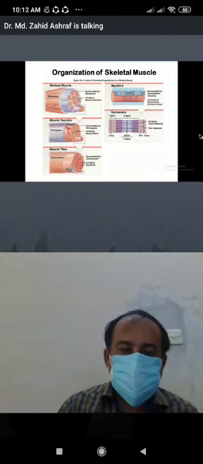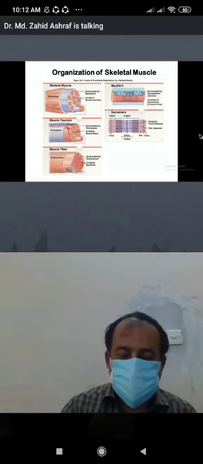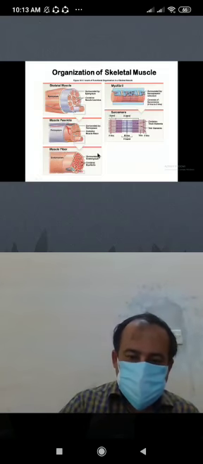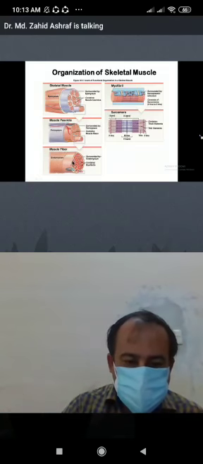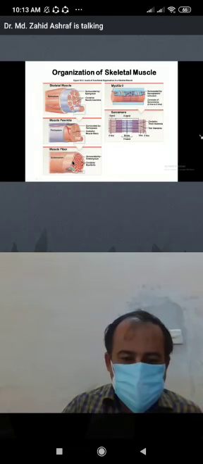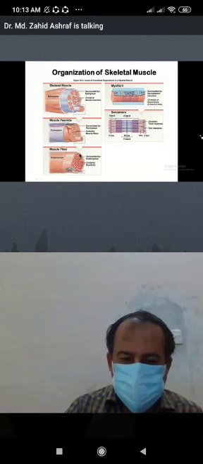Now, we discussed something about the skeletal muscle. In this last picture, there is a muscle fiber. In the muscle fiber, there are some red spots.